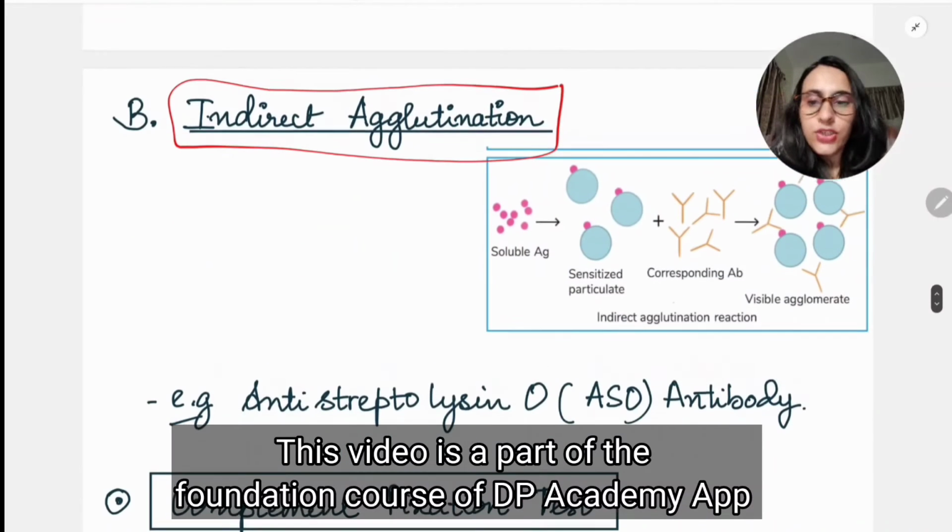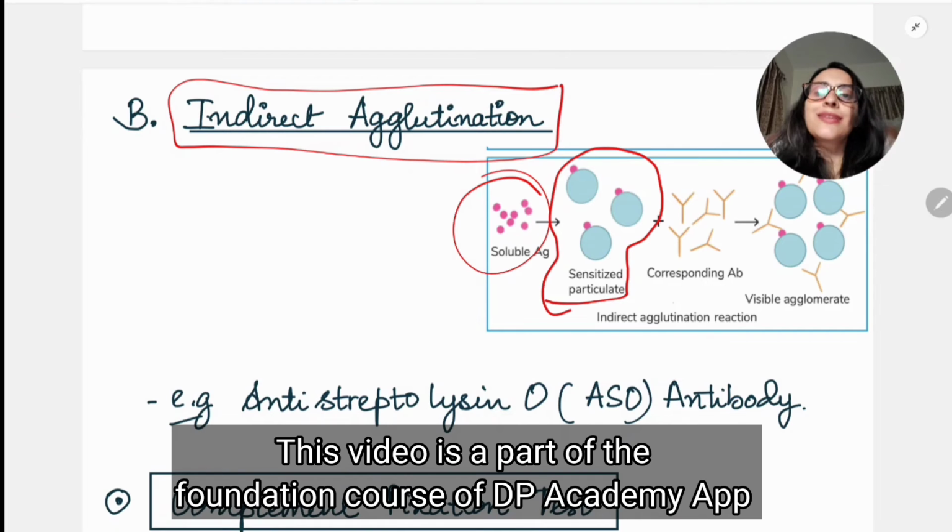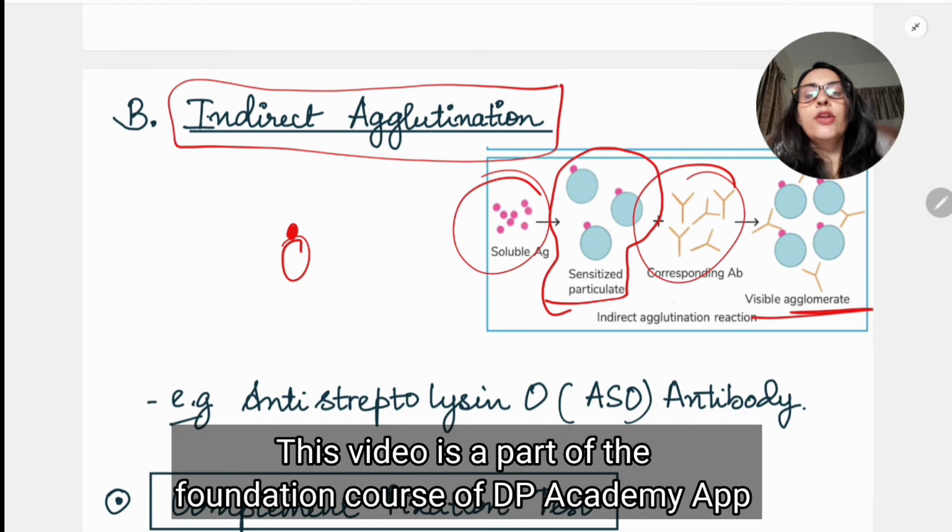So indirect agglutination reaction is the one in which the soluble antigens and soluble antibodies are converted to particulate form. These are the soluble antigens. You are going to put them on a particle that is known as a sensitized particulate. On this particle, the antigen is going to come and sit, and then you combine it with antibody, and then you can see the agglutination reaction. This is known as indirect.